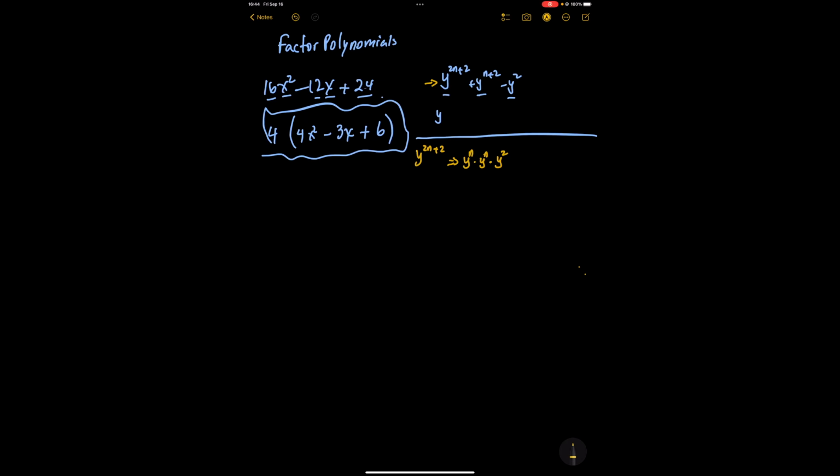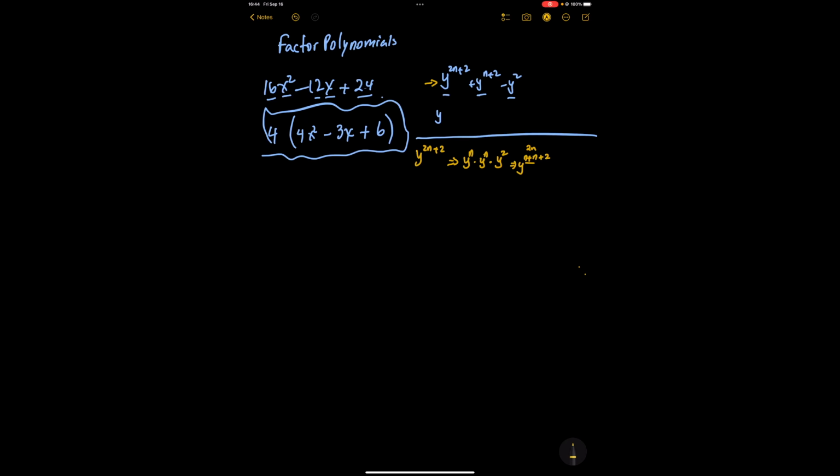Why? Because since we have y in all of them as the base, then you can just add the exponents. So that means we would have y to the n plus 2. Well, n plus n is basically 2n, right? So that's how you get the y to the 2n plus 2.